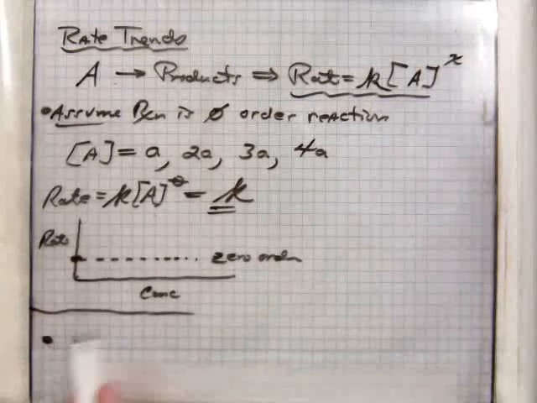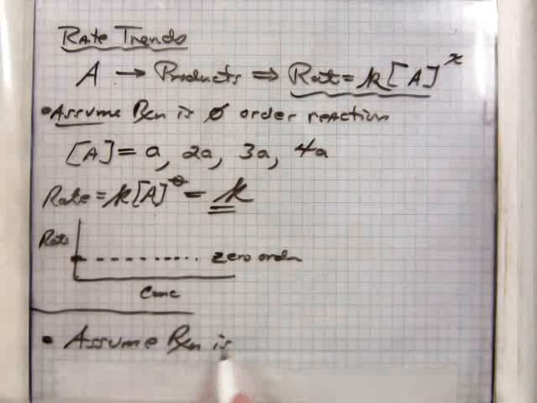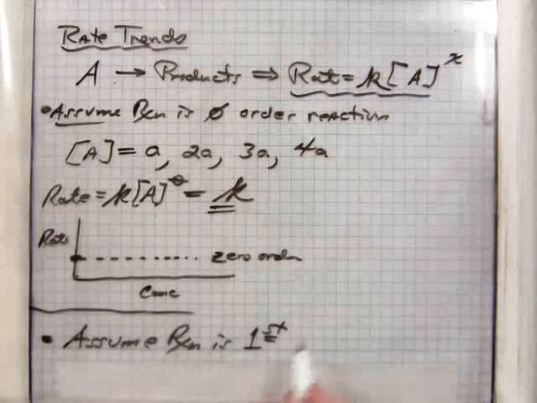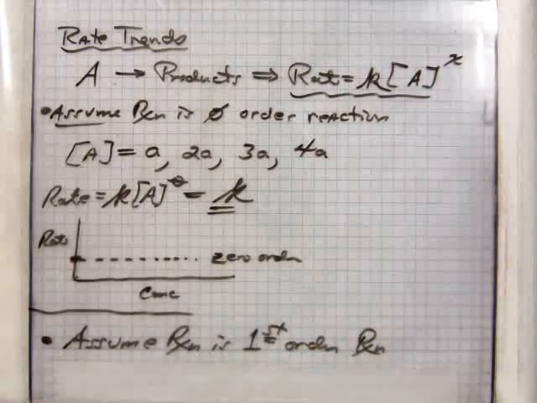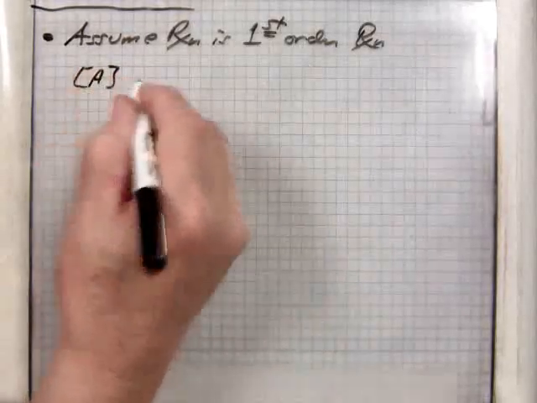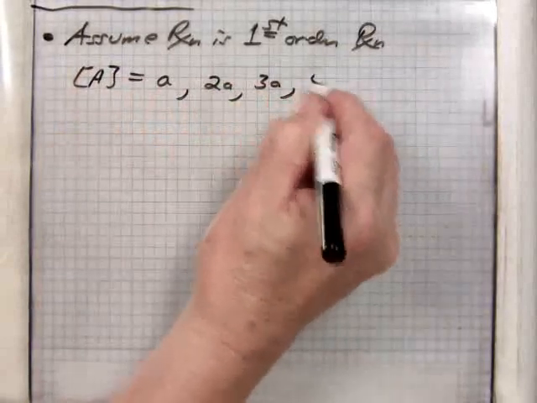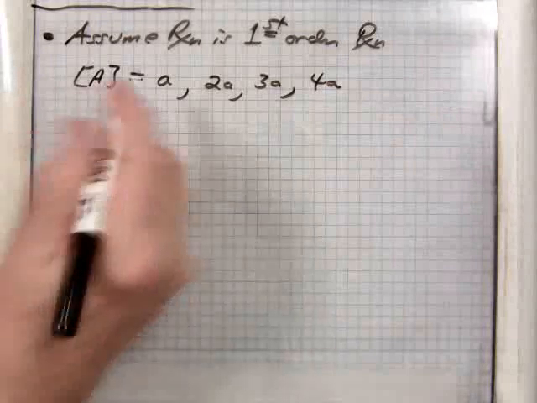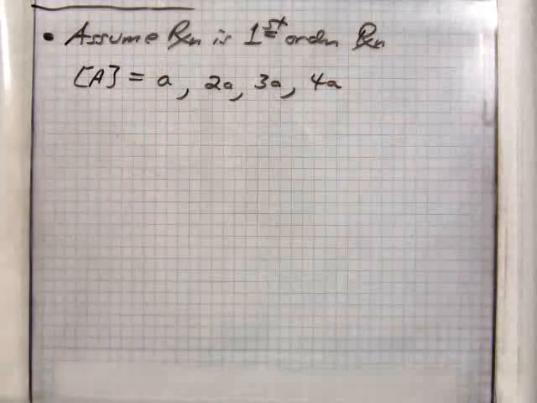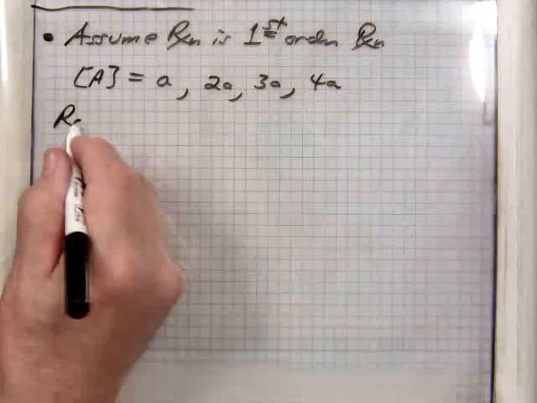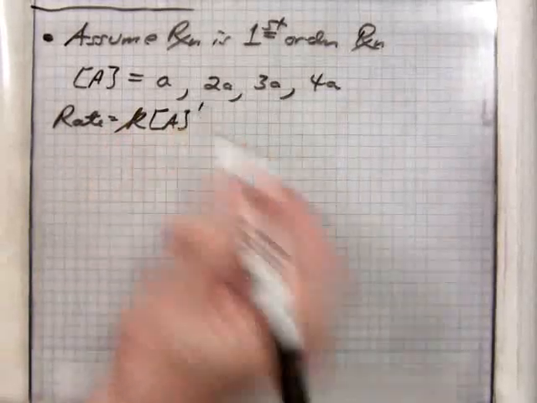Now, our second test is assume the reaction is a first order reaction. And 4A is enough. But this first one will be the reference. And then we'll double, triple, and see what happens. Well, rate is now K onto A raised to the first power.